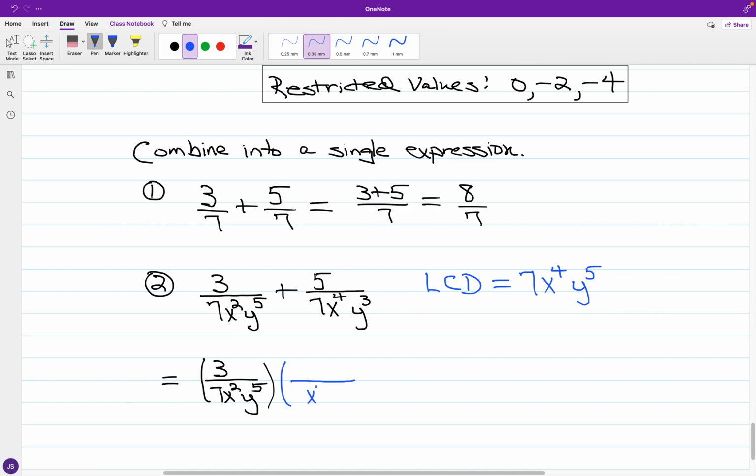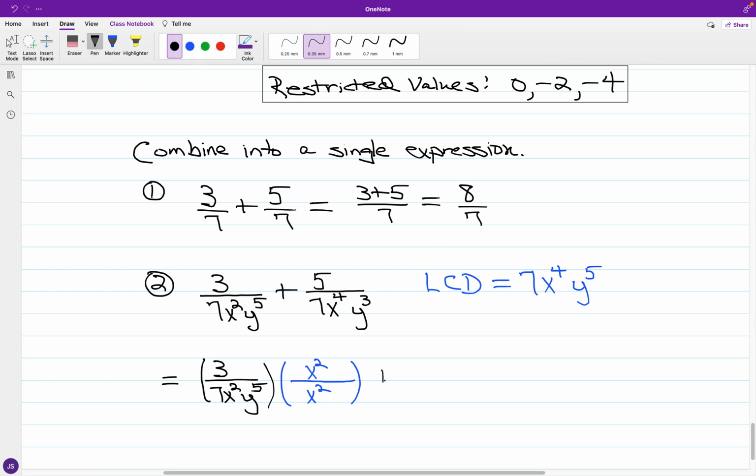So we have x squared left over. Y to the fifth is already present in the first denominator. So I'm going to multiply the first ratio by 1 in the form of the number of times that the first denominator goes into the least common denominator divided by itself. So this will be x squared over itself.